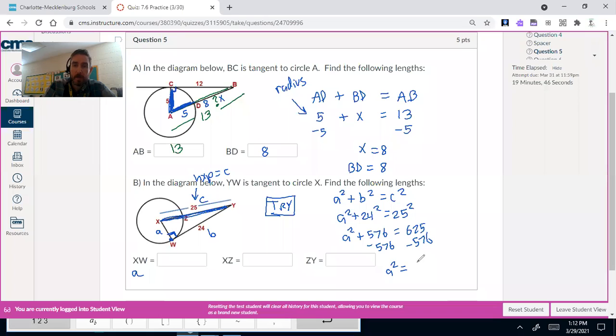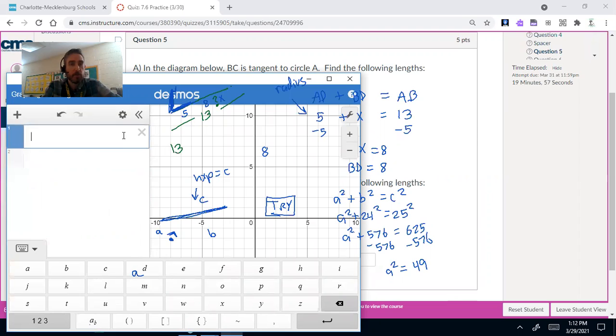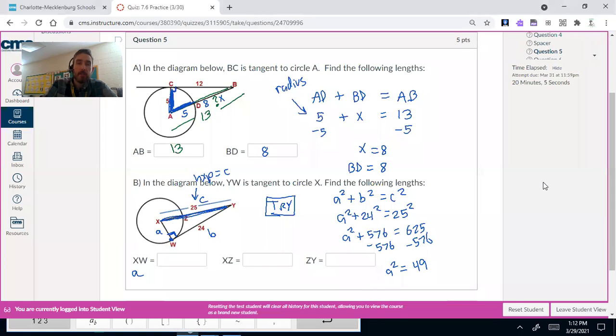Let me show you real quick how you can get that without having to do all the extra work. Just like in the previous problem where we could add them, we could also simply do 25 squared minus 24 squared. So take the larger one, subtract the smaller one, and you'll get 49 that way. Regardless, you get 49, which is A squared.